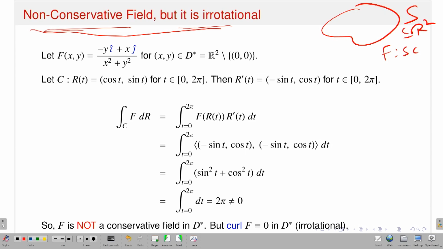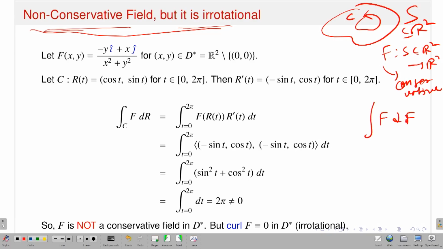Suppose I say a vector field F from a subset of R2 to R2 is conservative. Recalling the definition: whatever simple closed positively oriented smooth contour C I take, the vector line integral of capital F over this contour should be 0. That is called conservative.